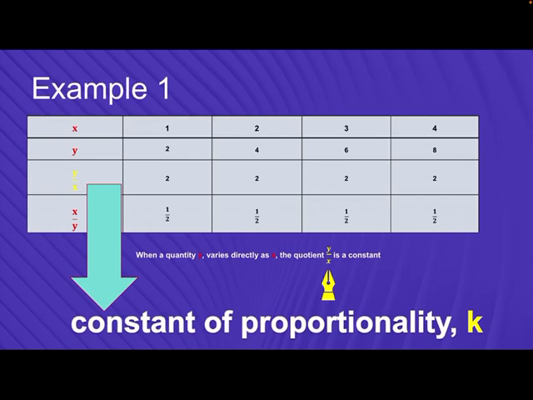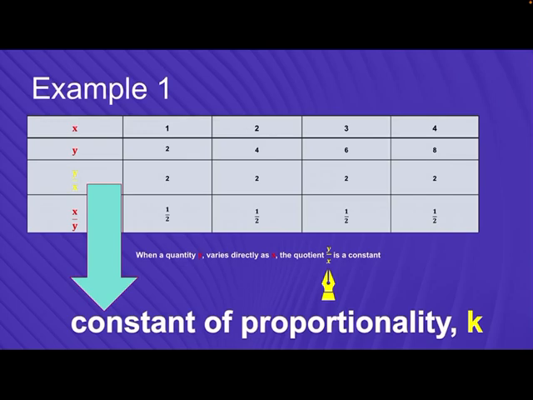When x becomes 2, y becomes 4. When x becomes 3, y becomes 6. The value is actually doubling, from 2 to 4, 4 to 8. That doubling is the y over x. When you divide the value of y by the value of x, every time you get the value of 2.